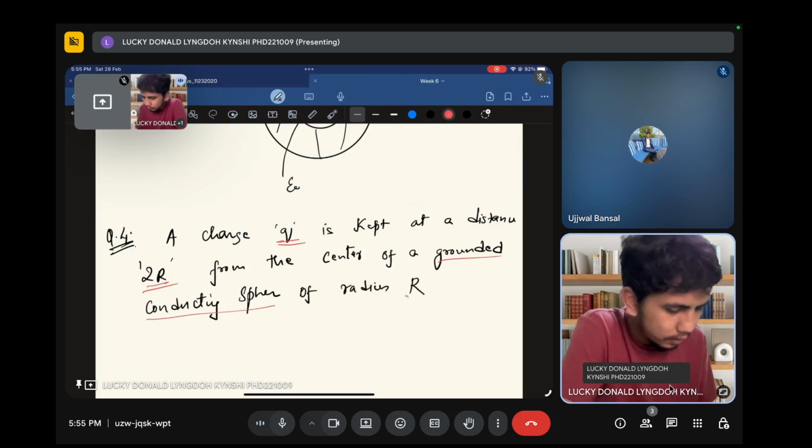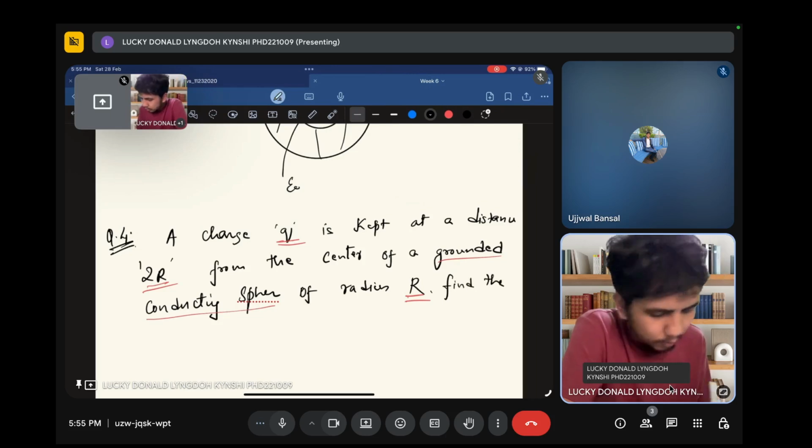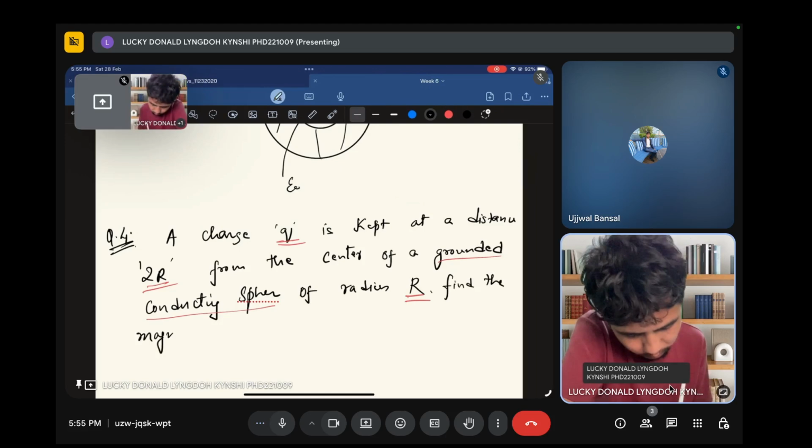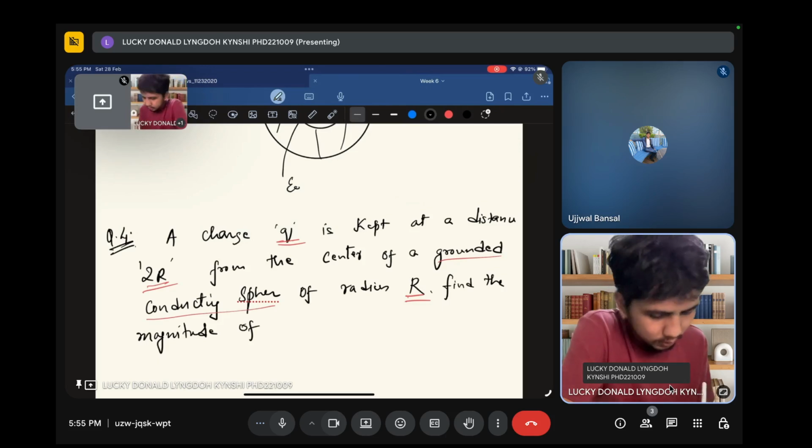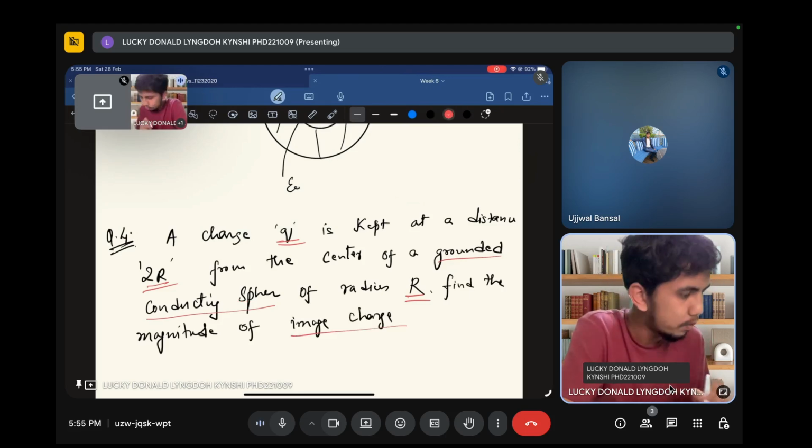Okay, of radius r. Now find the magnitude of the image charge. Okay, this is also very important. Find the magnitude of the image charge.